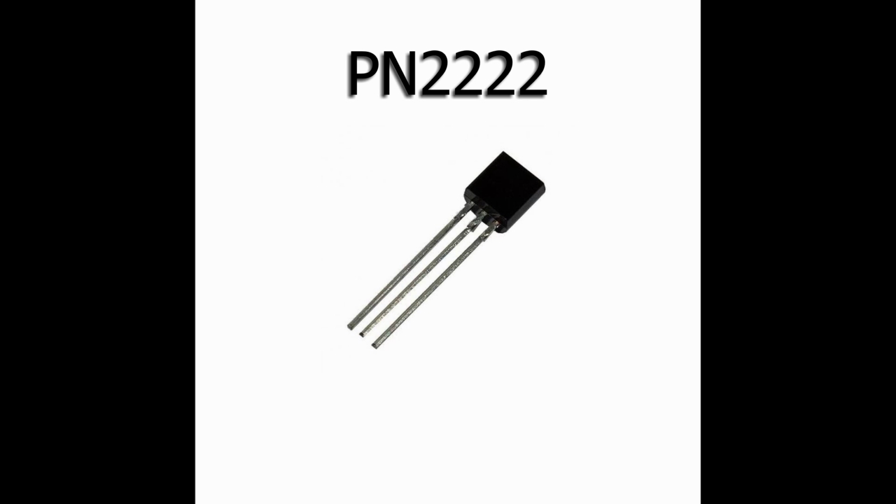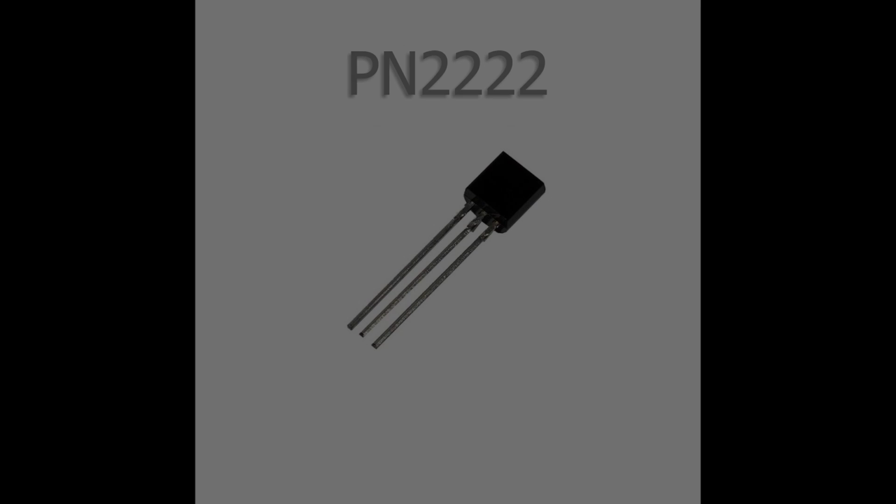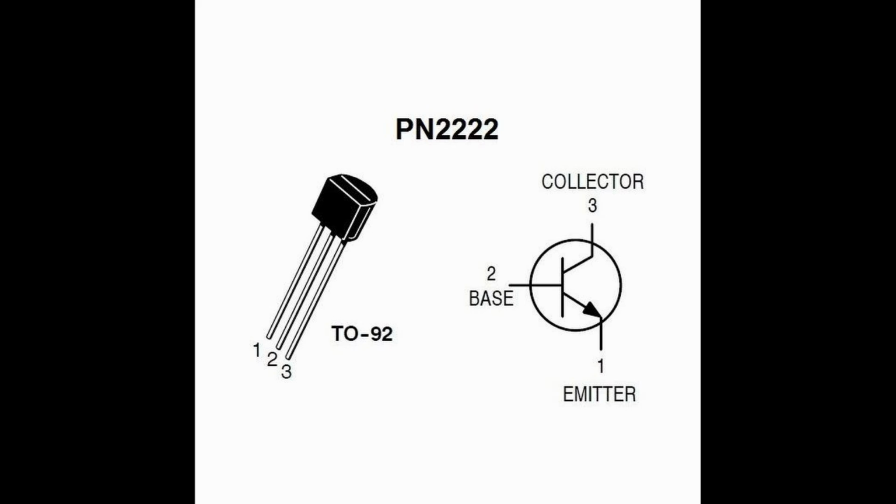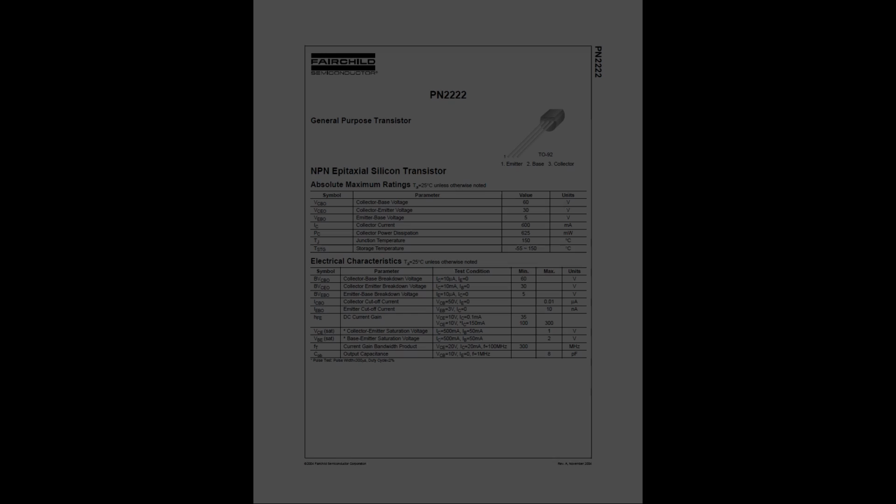The kit includes 5 PN2222 type NPN transistors. We'll need 4. Transistors have 3 connections: a collector, a base, and an emitter. Transistors are typically used for amplification, rectification, and switching. We'll use it for switching.